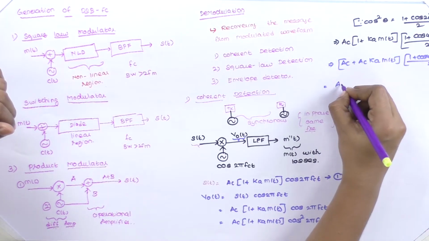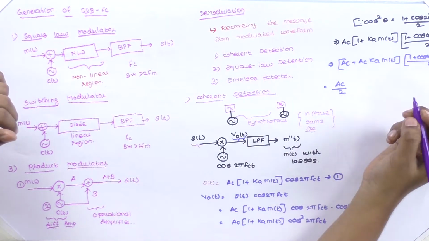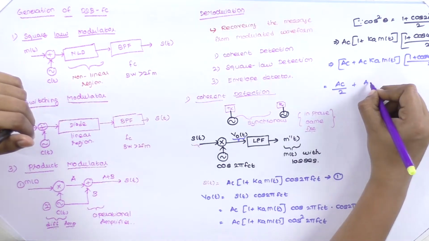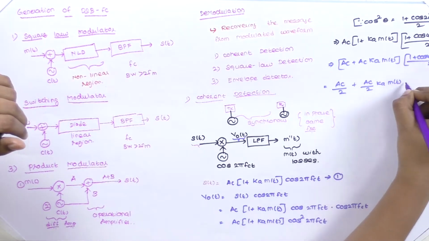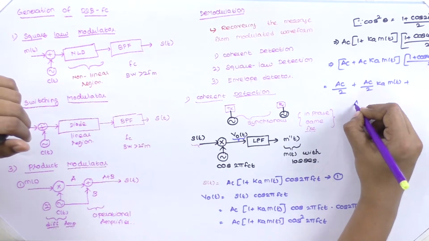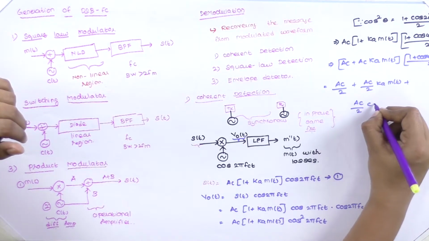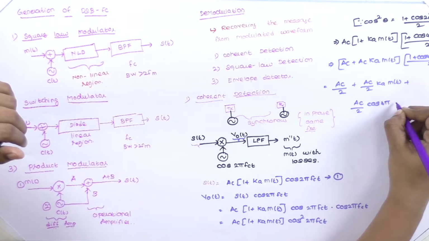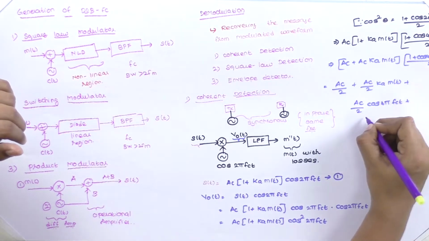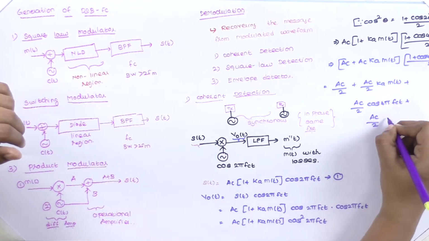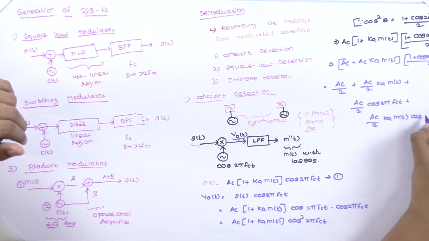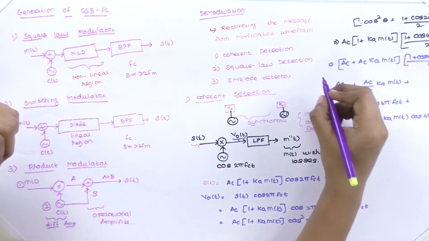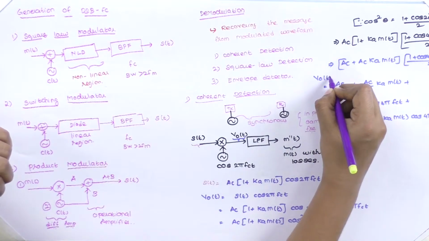Multiplying these two expressions, Ac by 2 plus Ac by 2 Ka m of t plus Ac by 2 cos 4 pi fct plus Ac by 2 Ka m of t cos 4 pi fct. This is our V naught of t.